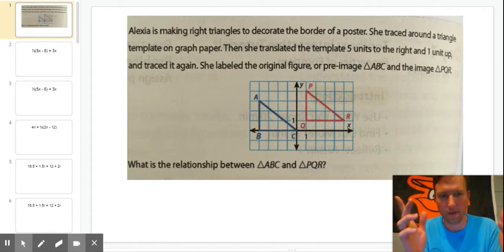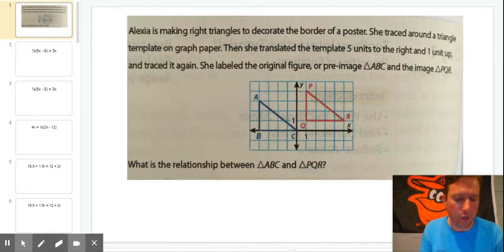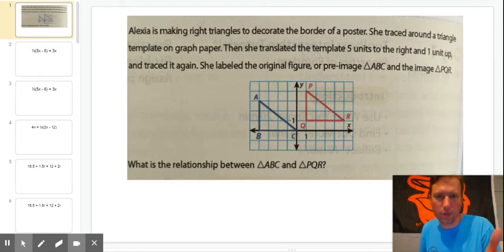Two angles can be congruent if they have the exact same measurement. And two polygons are congruent if all of the corresponding sides and angles are congruent. So let's take this word congruent, which means exactly the same in size and shape, and apply it to our problem today.